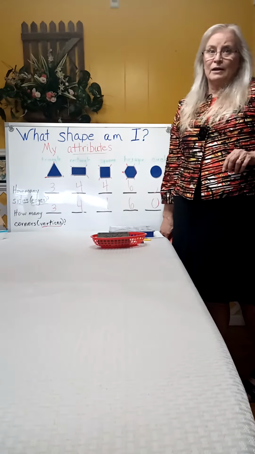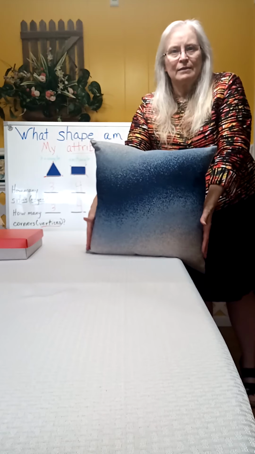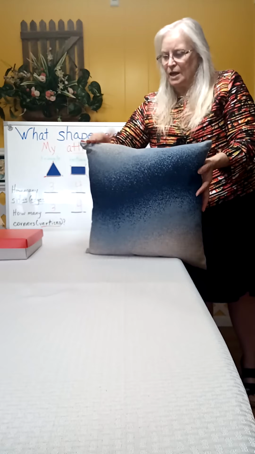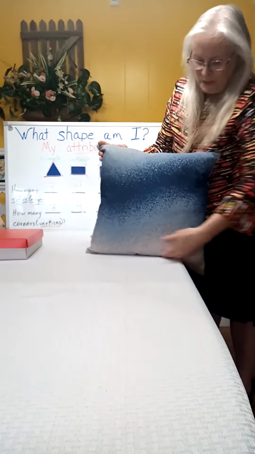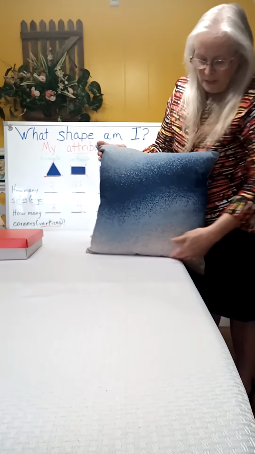What about a square, Mrs. Hamilton? This one. What about pillows on the couch so that you can lay down and watch television? That's a nice square, see? All of the sides are the same length. It has 4 sides, 2, 3, 4, and 4 vertices, 1, 2, 3, and 4. So there's a square in our real world.